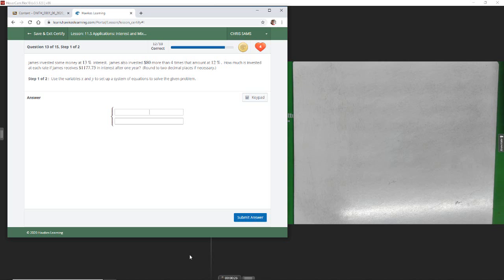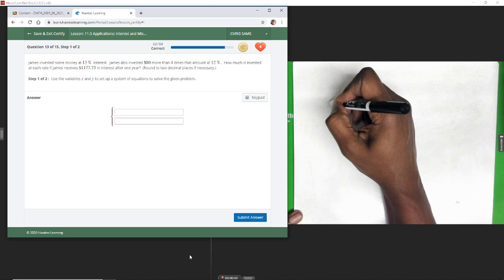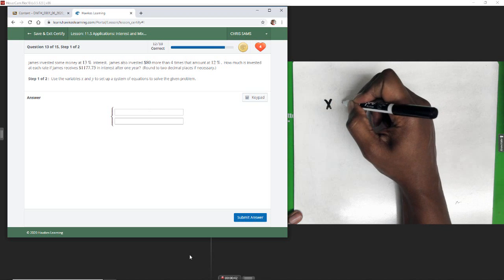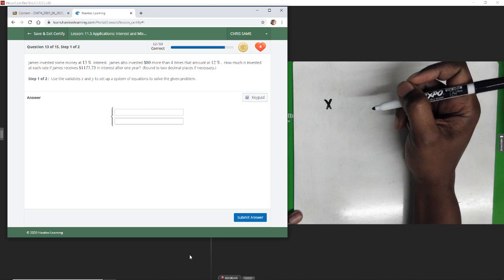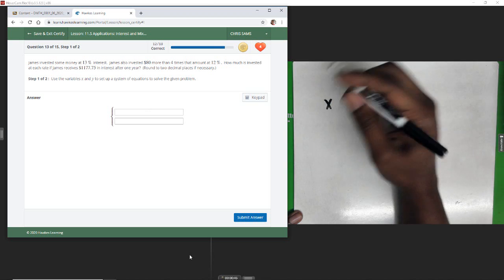Okay, so it says use the variables x and y to set up a system of equations to solve the problem. So first they want us to give the system. We don't know the total, but we do know the total interest.